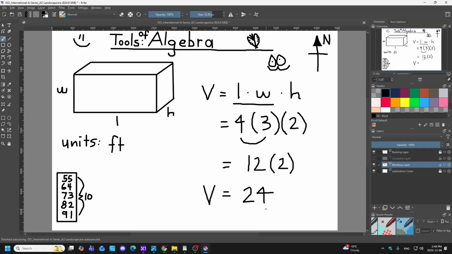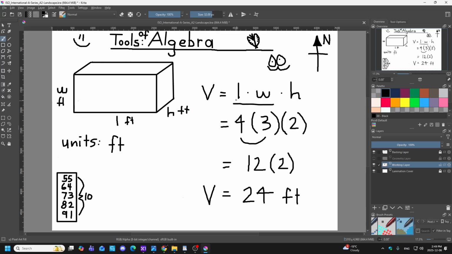And our units this time are feet. Each one of these is a foot. The height is a foot, the width is a foot.